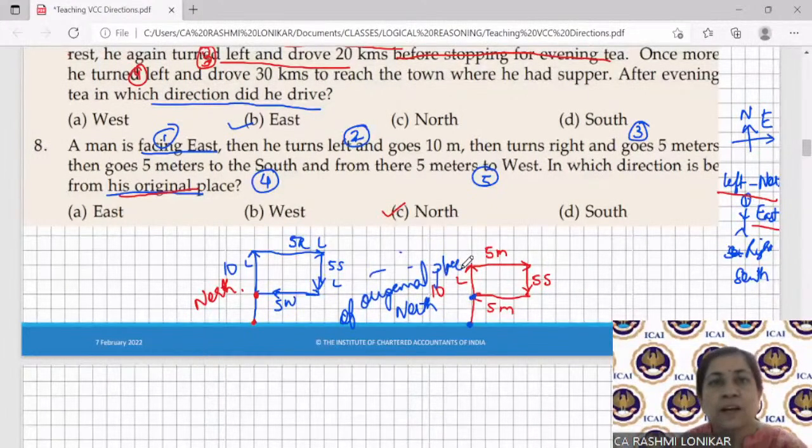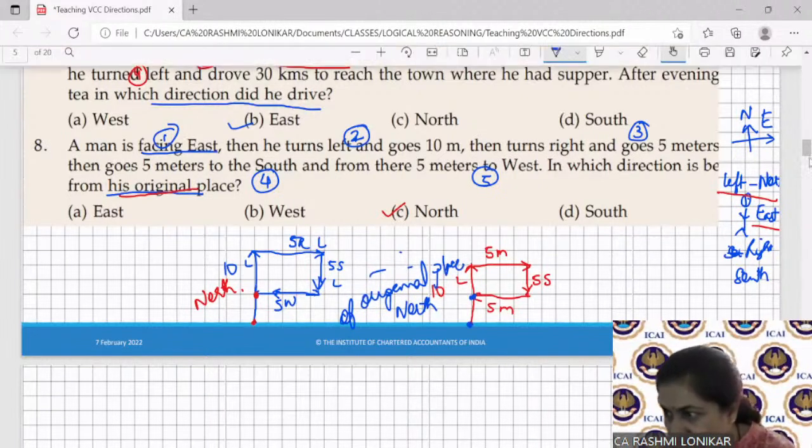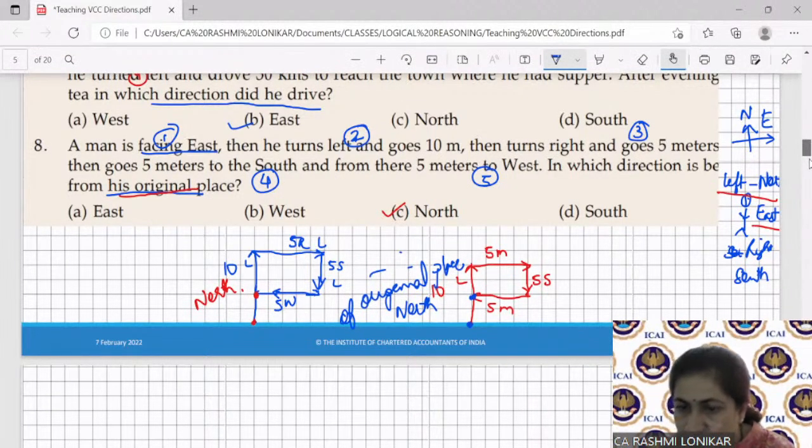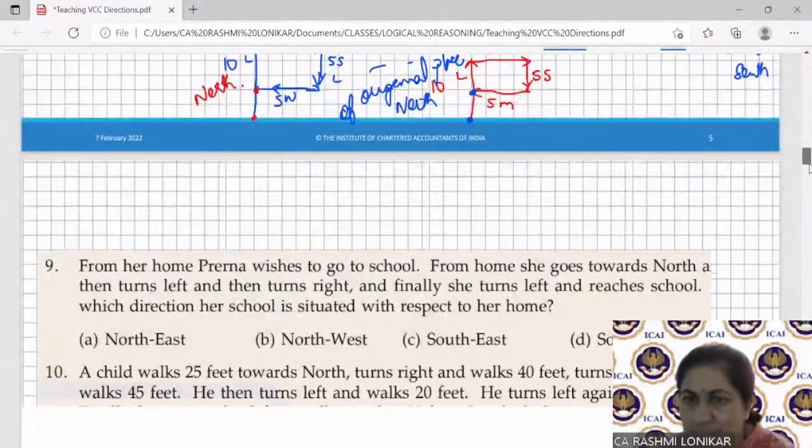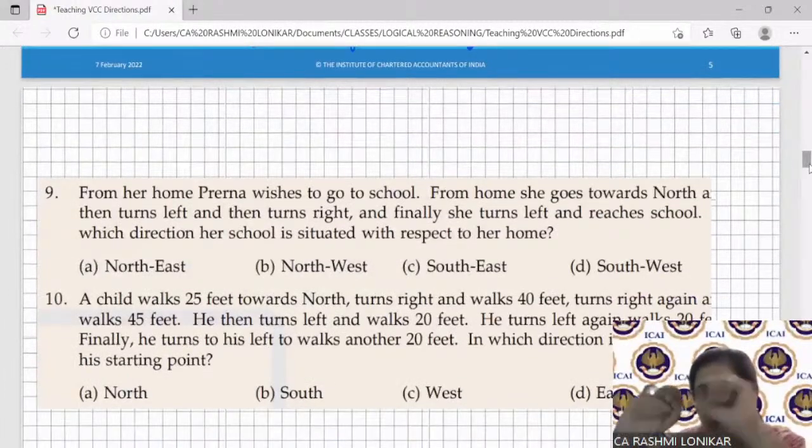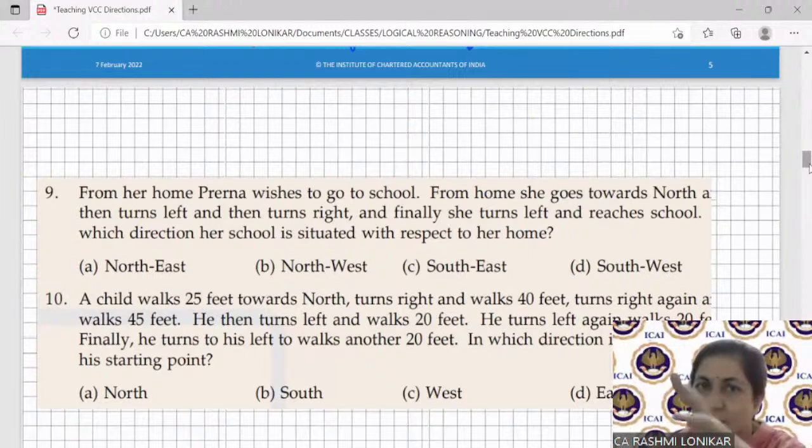Okay, so this is the way you are supposed to do it. Just be careful when you are writing the distances, so you will be able to understand how much distance he has traveled. So make the line the same.